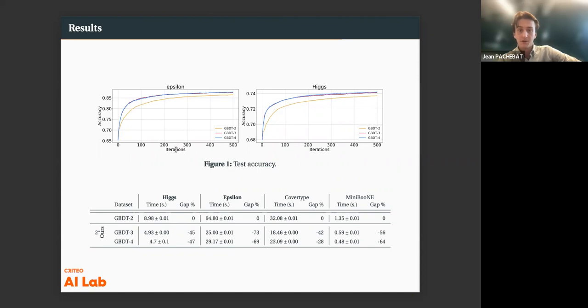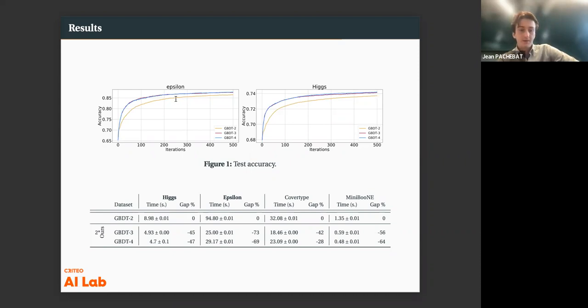So if we have faster convergence, for example on this epsilon data set, to reach 85% accuracy, the number of trees is about 125, whereas it's about 250 for the second order version.